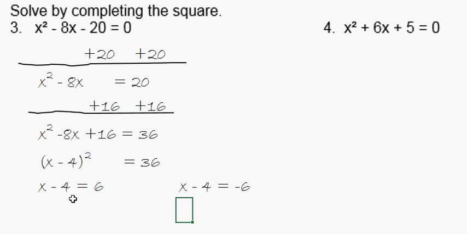To solve these equations, I'm at a point now where I can just simply solve the equation. I add 4 to both sides. X minus 4 plus 4 is just x, and 6 plus 4 is 10.